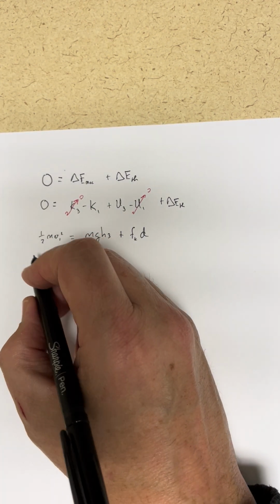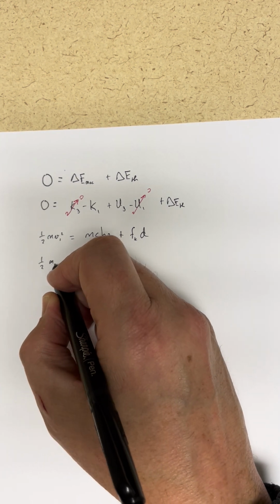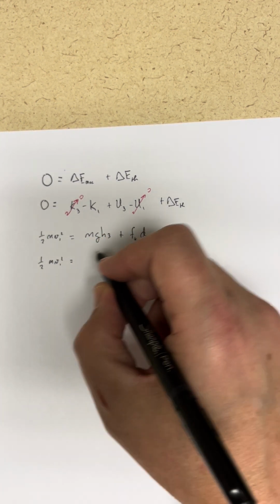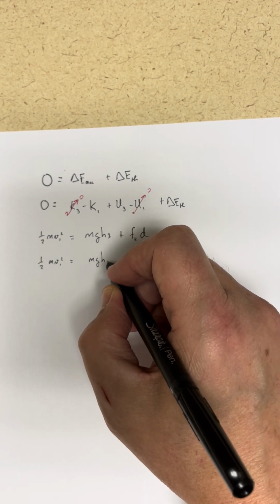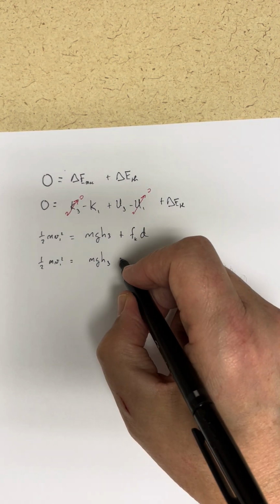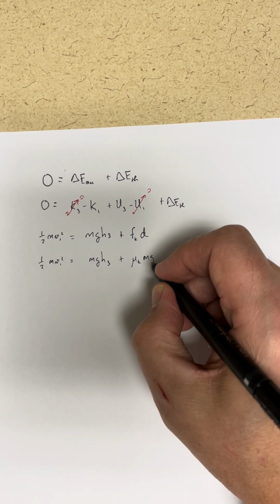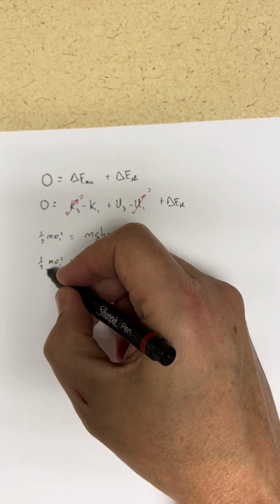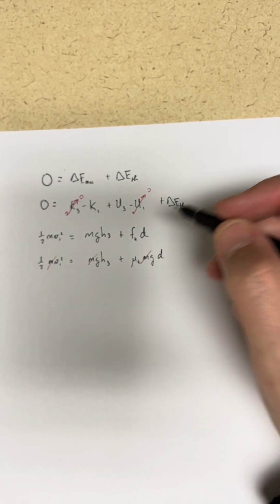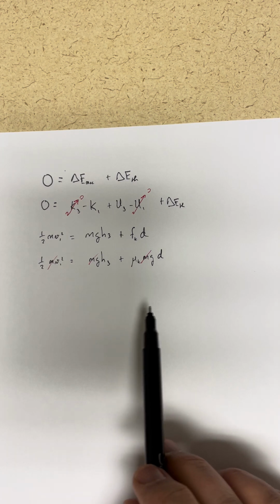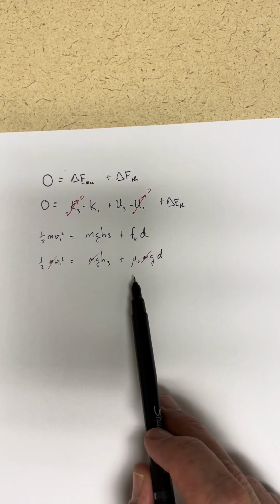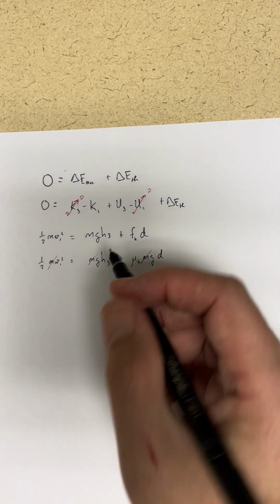Substitute in what that is. Half m v1 squared is mg h3 plus force of kinetic friction mg d. M cancels out. The thermal energy is going to increase by the work done by friction. Okay.